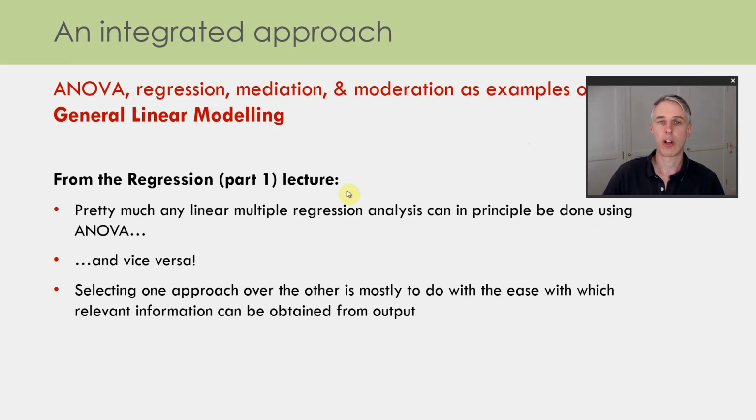As you remember from what I emphasized in the first part of the regression session, pretty much any linear multiple regression analysis can in principle be done using ANOVA, or a general linear modeling approach, and vice versa. So selecting one approach over another is mainly a pragmatic decision about the ease with which we can extract relevant information from the output, given our research questions and the design of our study.